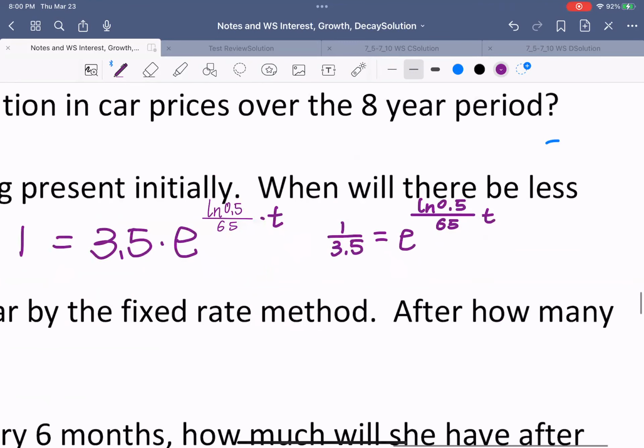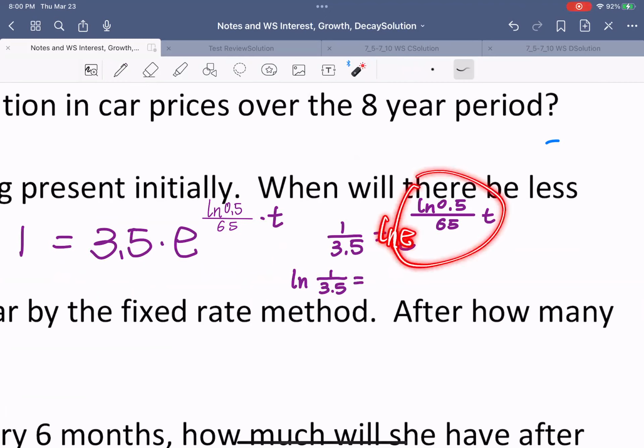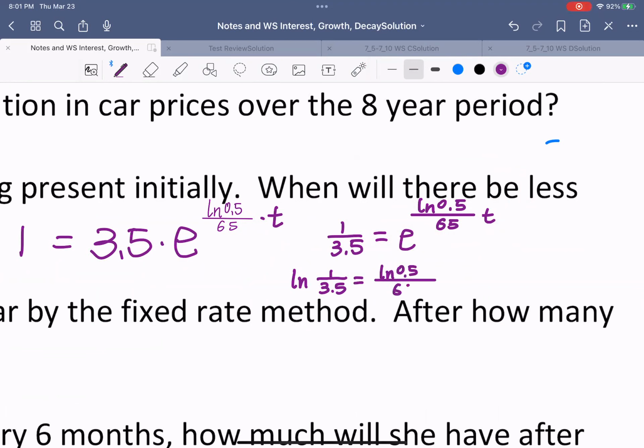So we will do ln of 1 over 3.5 equals ln of this. Well, this is e. The e and the ln cancel, so you have this over that times t. So t is going to be this divided by this. Okay?